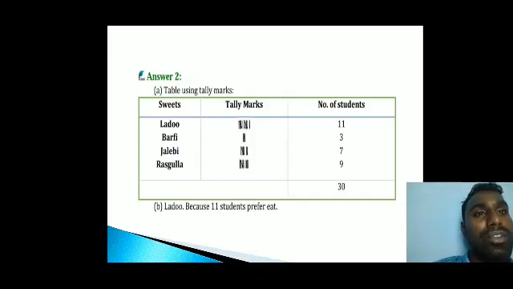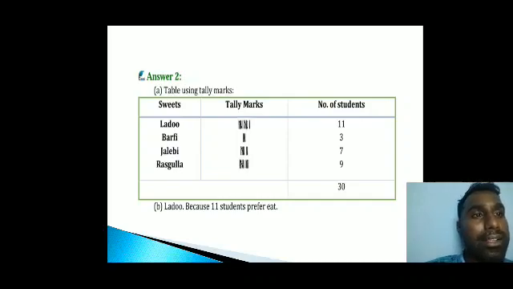And how many like rasgulla? It is 9. So in tally marks, 11 means 1, 2, 3, 4 and then one cross mark, that is called 5. If we consider this symbol, easily you can analyze which one comes the most. So 5 plus 1 is 11. And 3 is 1, 2, 3.